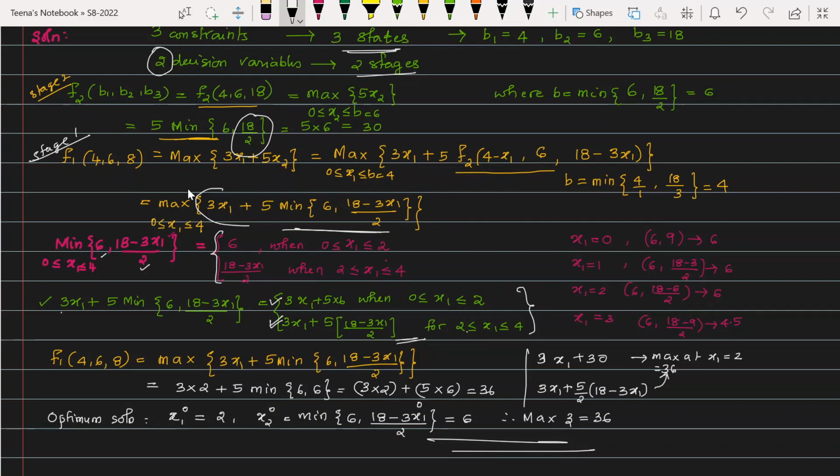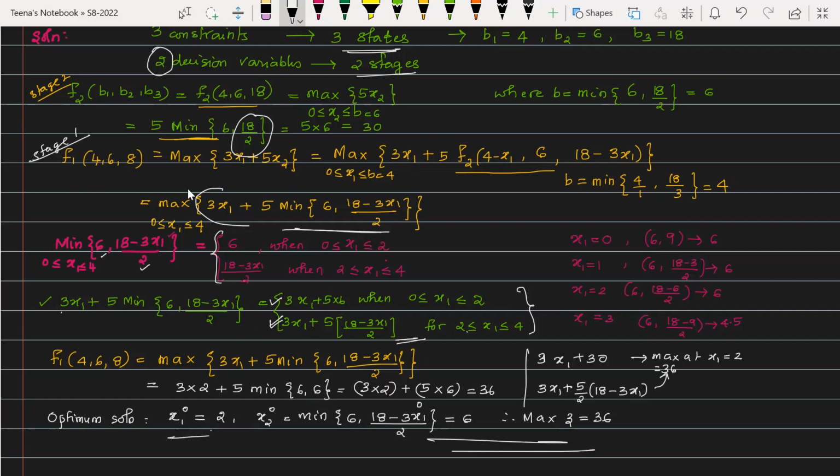At x1 equal to 2, 3x1 plus 30 attains its maximum value. Similarly, at x1 equal to 2, the second part also attains its maximum value, and hence we have the maximum value here, and the maximum value occurs at x1 equal to 2.